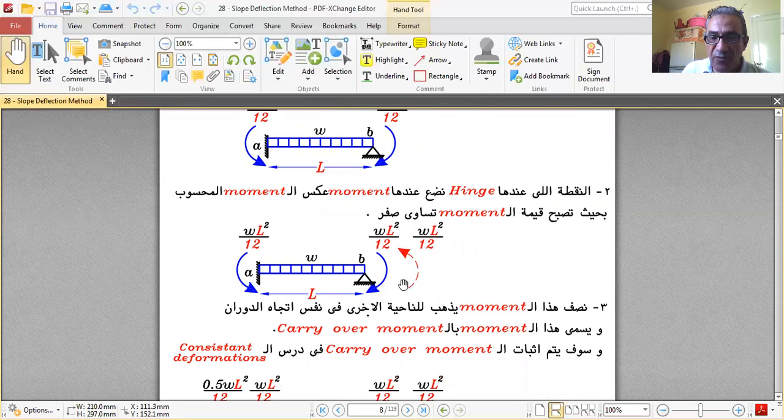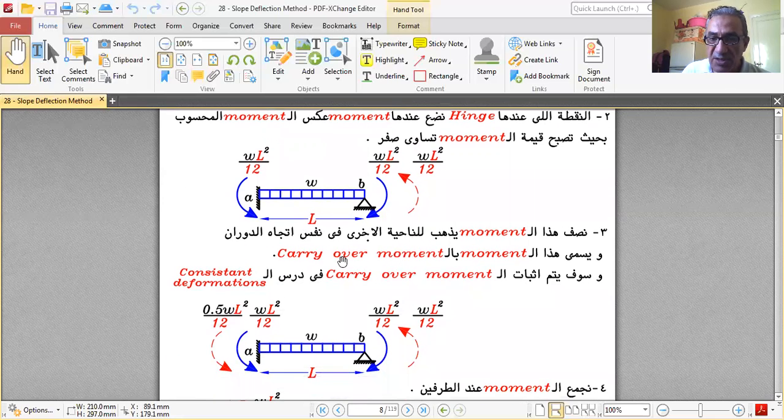Okay. Then half of this moment goes to the other direction in the same direction of rotation. And we call this one carryover moment. So we put this WL squared over 12, which is the one in opposite direction at the hinge to correct this one, and put half of it on the fixed side. So here we add WL squared over 12.